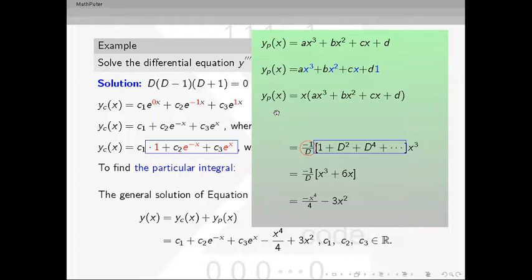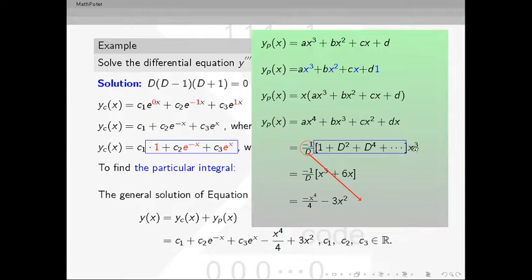Okay, so let us go ahead. yp(x), as I discussed, is ax raised to 4 plus bx cube plus cx square plus dx. Yes, now let us apply this bracket first. See, this is the solution when we applied the rectangle first. Now we applied minus 1 upon D first, which represents that we have to integrate this quantity.